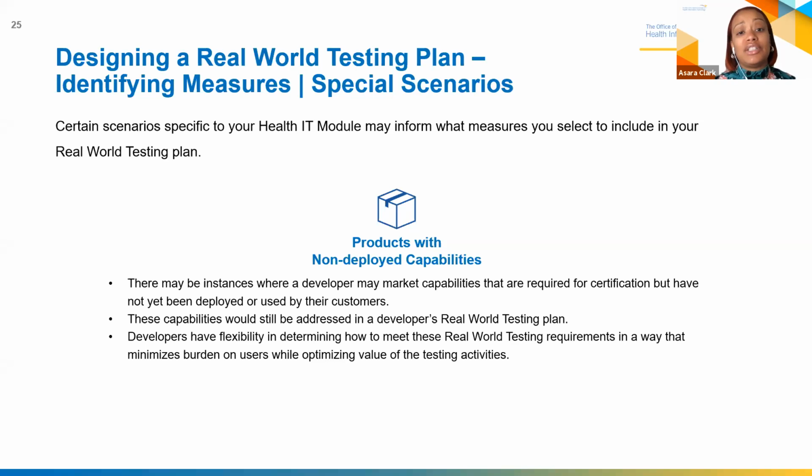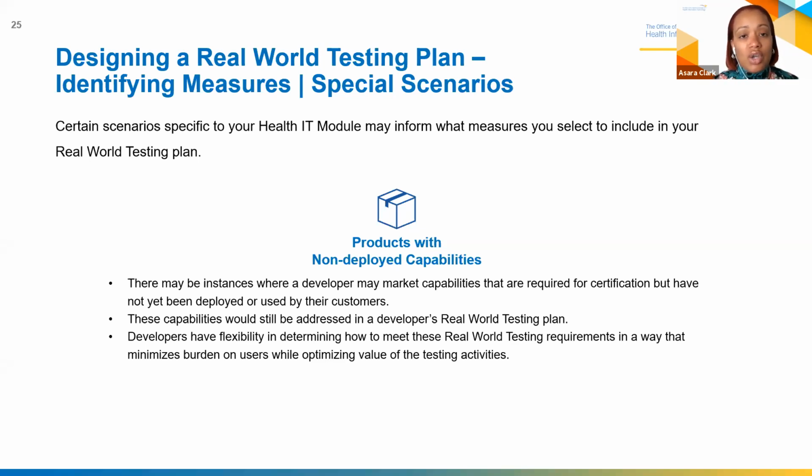These capabilities must still be addressed in your real-world testing plan. You still have to think about how you would go out in a real-world environment, use case, or scenario and test the capabilities, whether they've been deployed or not.